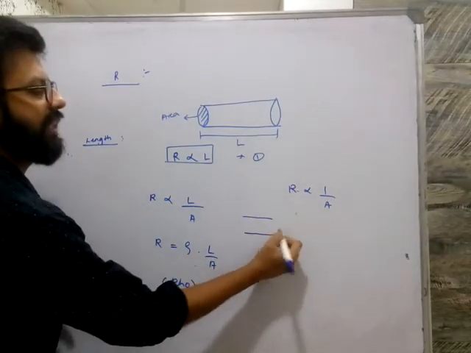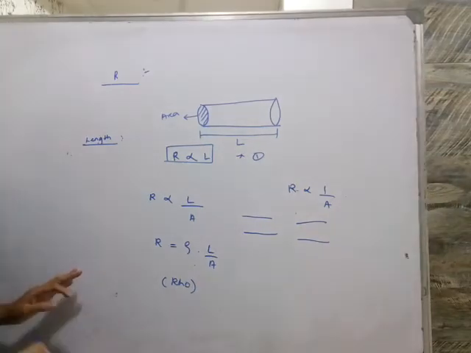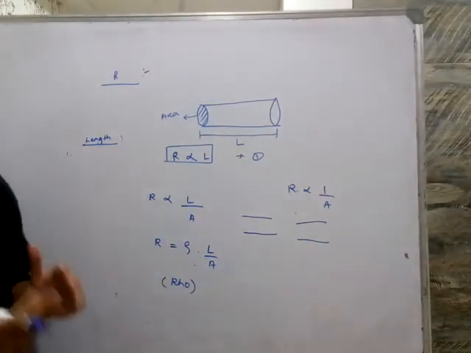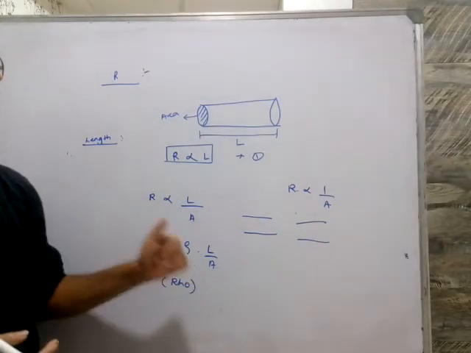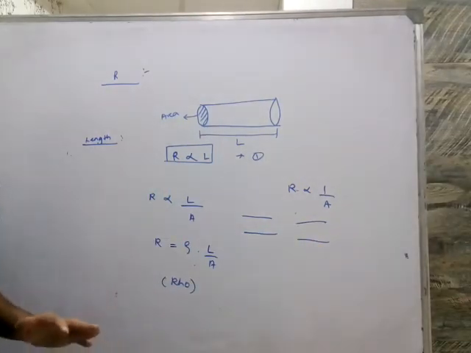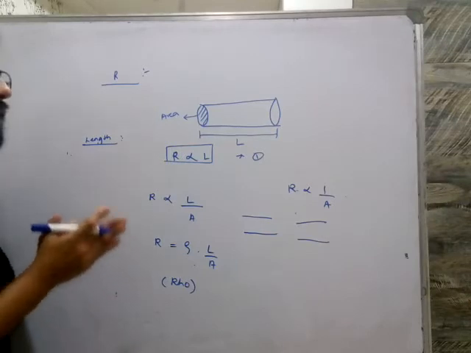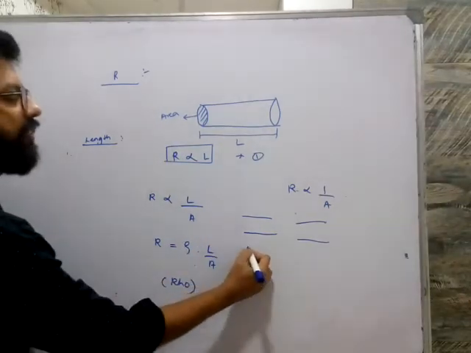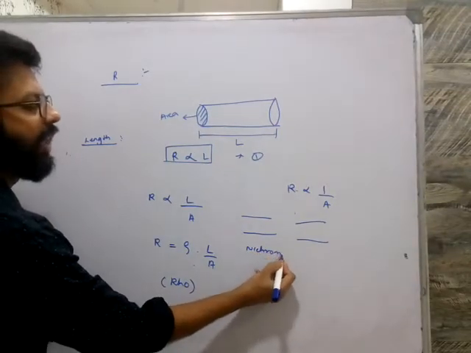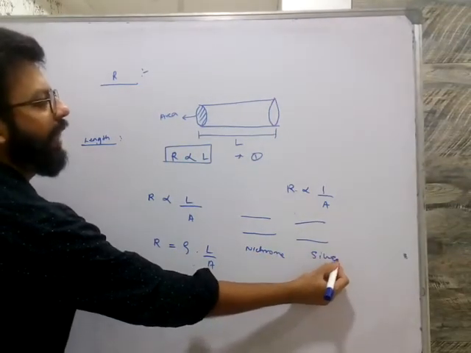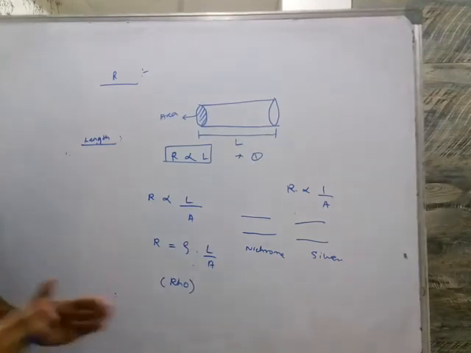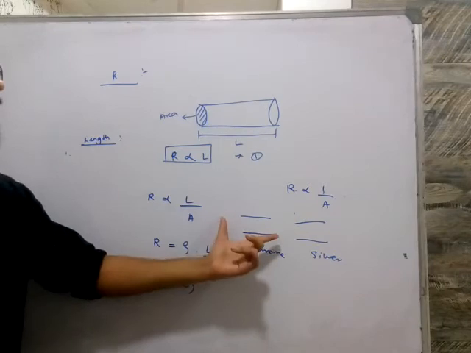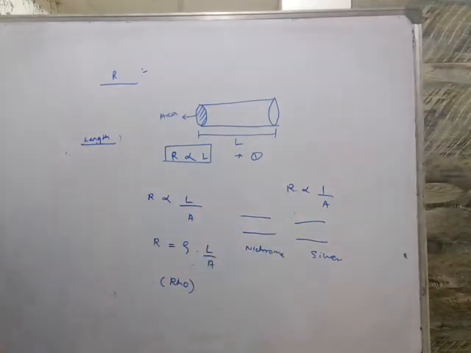Still, we can have different resistance. How? Only if we make use of two different wires: one made of nichrome and one made of silver. So if I use two different wires, we can have different resistances even though we have the same length and the same area.